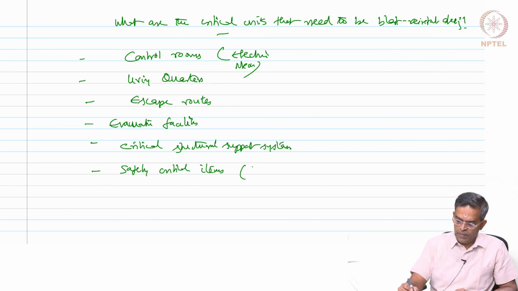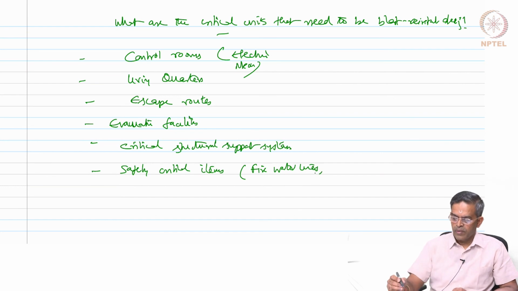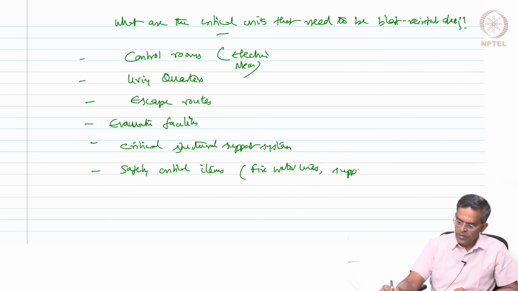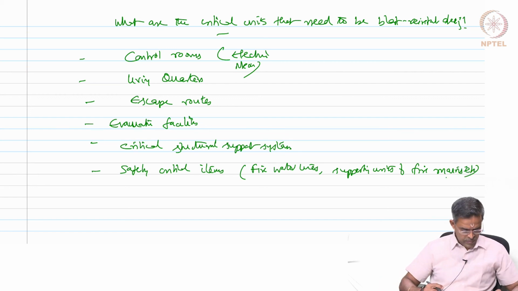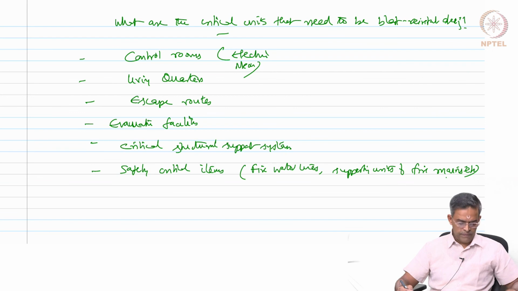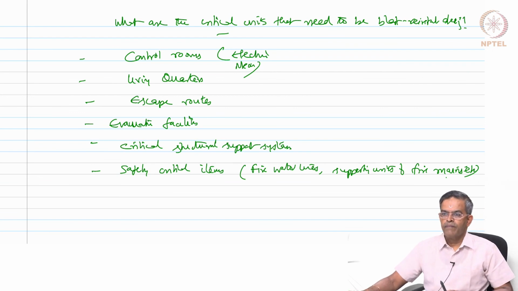Such as, for example, fire water lines, supporting units of fire mains, etc. They should all be designed to remain as blast resistant. Okay.